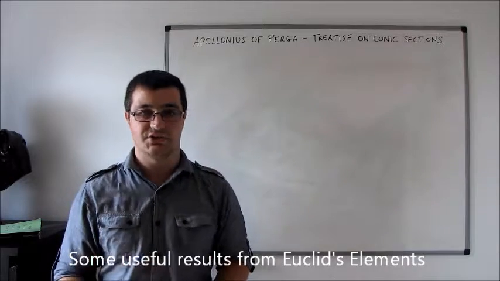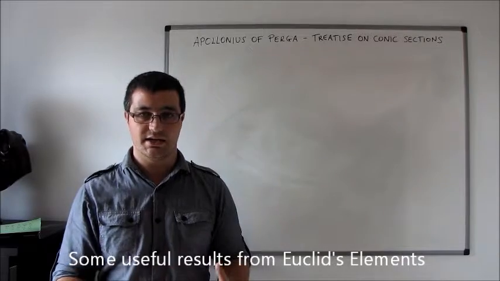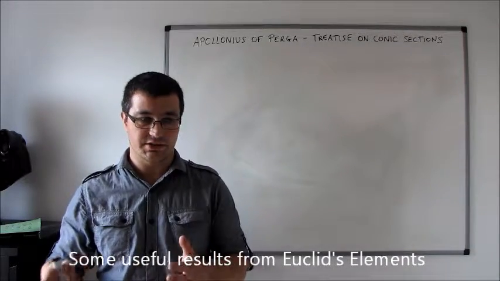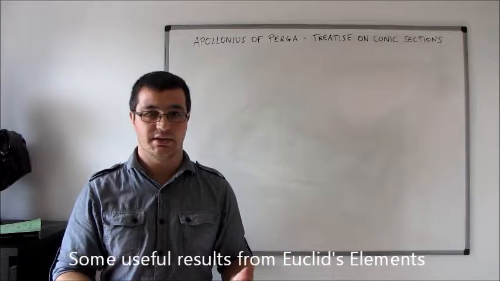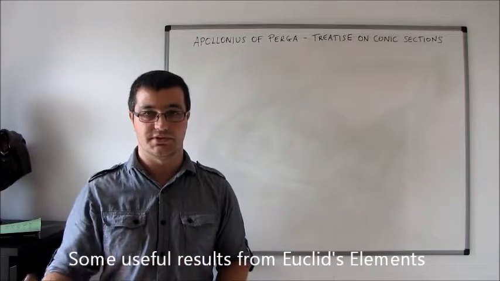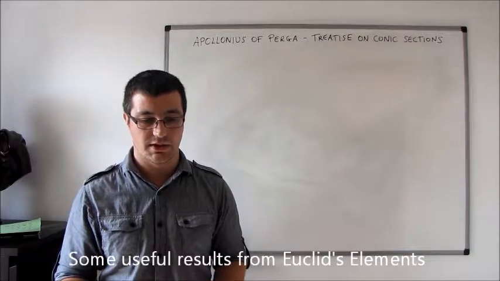Obviously, new definitions of new terms will be introduced as and when they're needed, but sometimes as you read through Apollonius, it is worth actually referring to Euclid to explain some of the results, some of the steps that are being taken in some of the proofs and the constructions that Apollonius makes in his work.